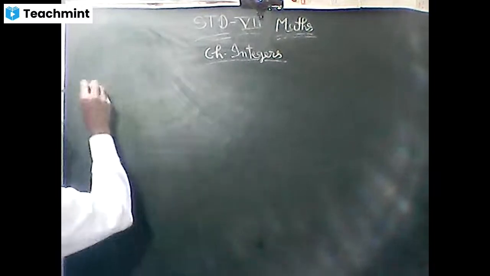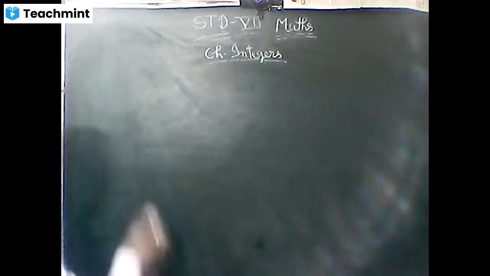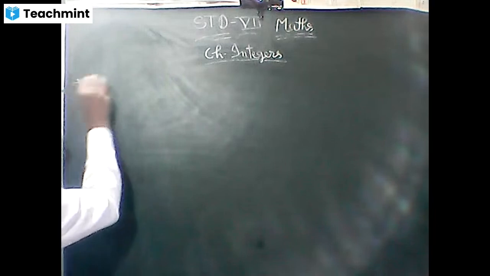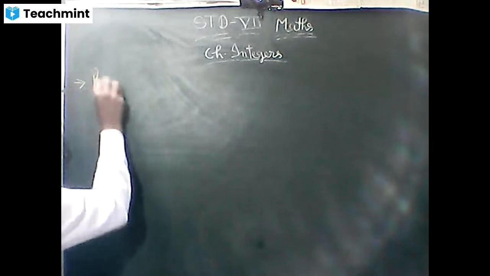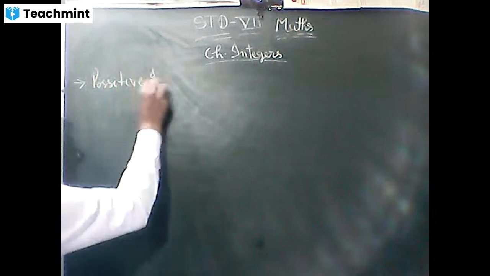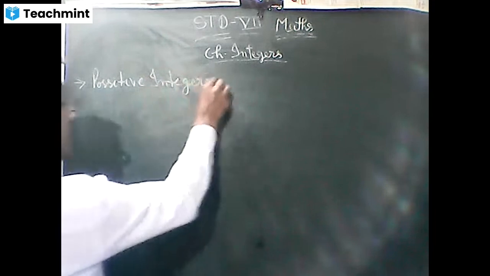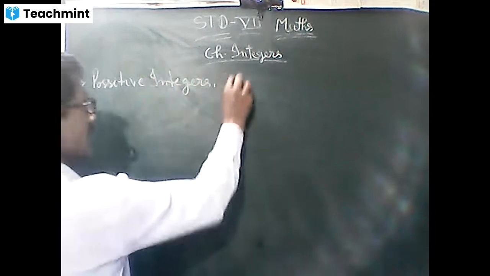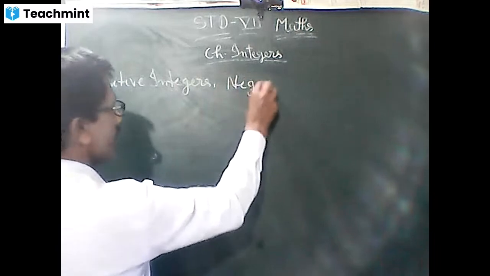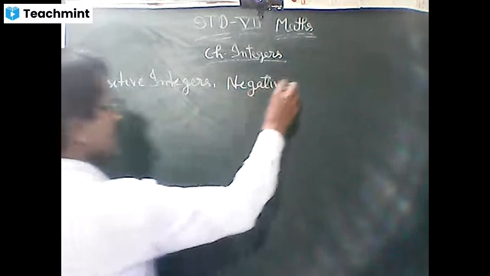As in our class 6, we have to read about integers. Then we find out we have three types of integers: positive integers and negative integers, and one that is zero.